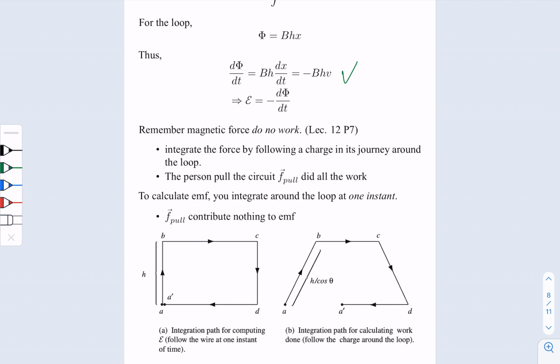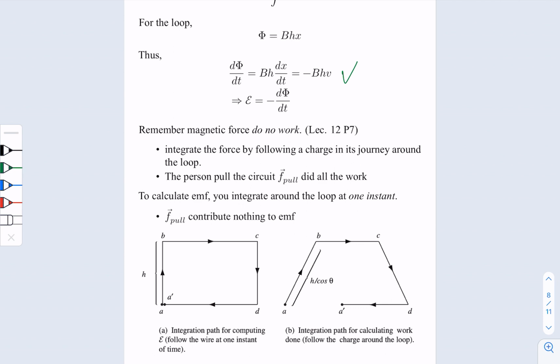On the contrary, the pulling force done by you is always perpendicular to this current here, so it didn't contribute anything to the EMF.